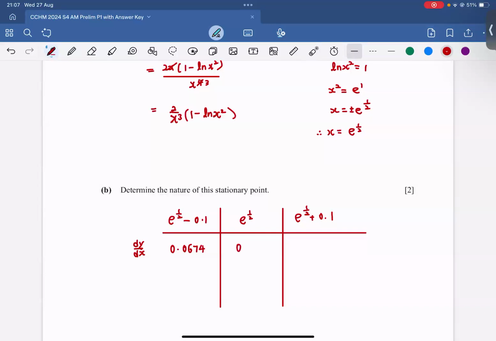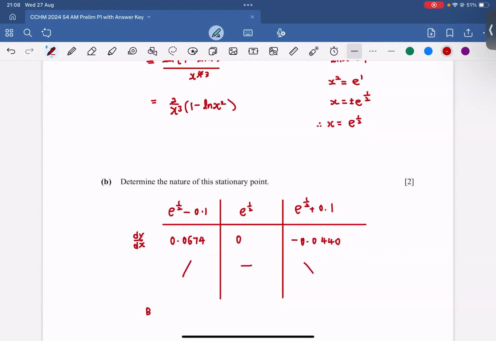This part shows 0. And now e to the power 0.5 plus 0.1. So this is negative 0. You can see the gradients that I found are pretty small. So this is going up, this is horizontal, this is going down.